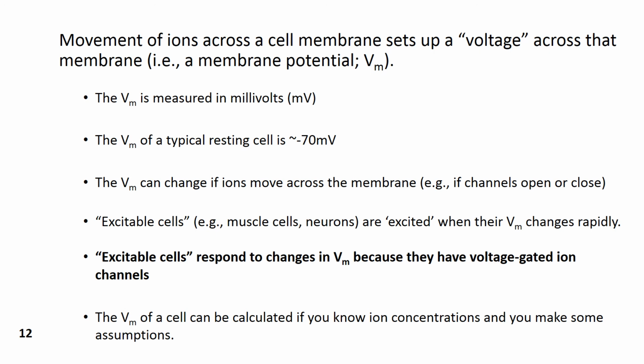Finally, the voltage across a membrane of a cell can be calculated if you know the ion concentrations on either side of the cell, outside and inside of the cell. And of course, you must make some assumptions. We'll talk about how to do that in the next couple of videos.